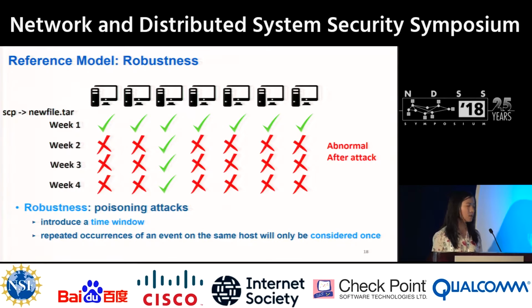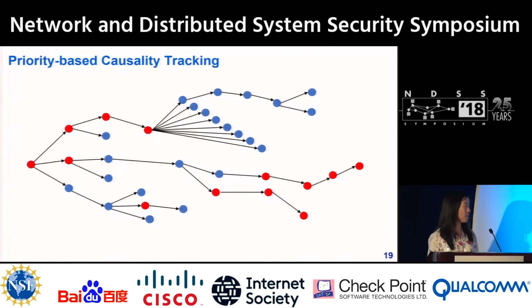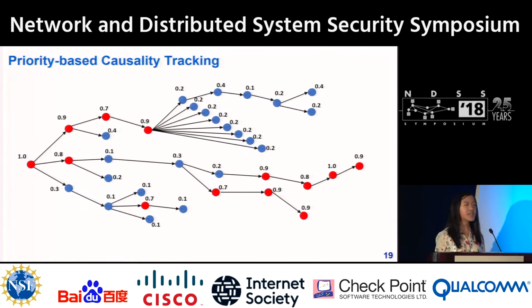For example, we can set the time window to be 1 week because we assume that the enterprise operates on a weekly basis. So in each time window, the repeated occurrences of the same event on the same host will only be counted once. In this way, a spike of recurring malicious events only has limited power, and we actually raise the bar for performing poisoning attacks.